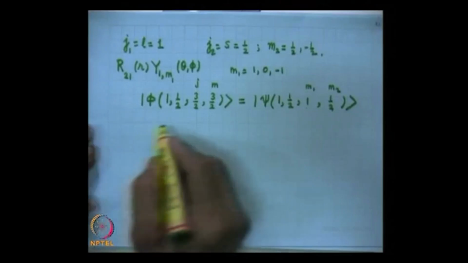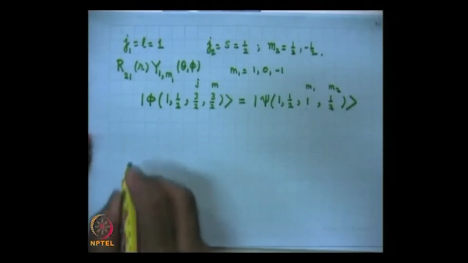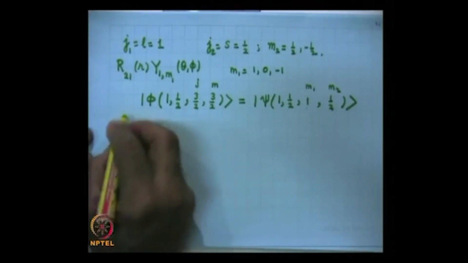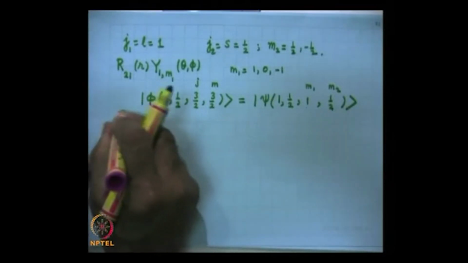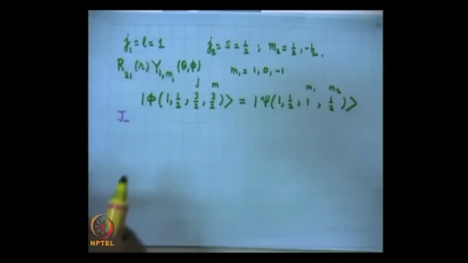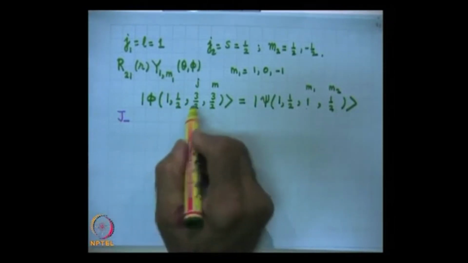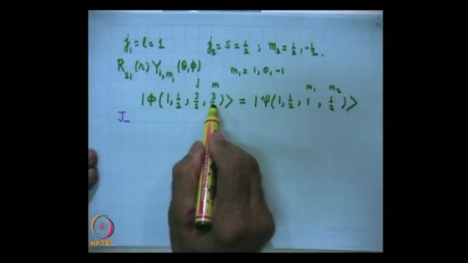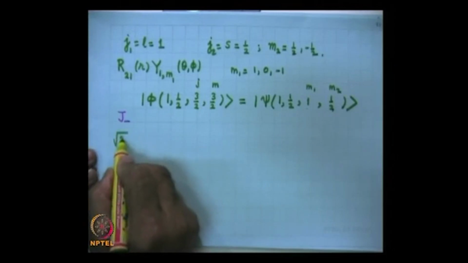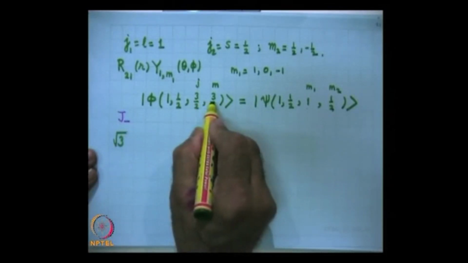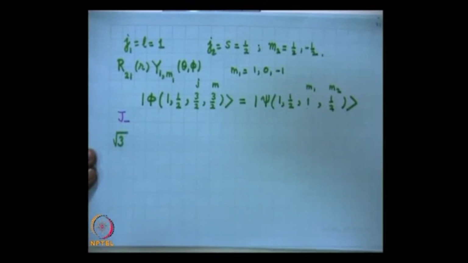Now, in order to get the Clebsch-Gordan coefficients, I must operate this by the operator J minus. So, J minus will be square root of J plus M, so 3 by 2 plus 3 by 2 is 3, square root of 3, and then J minus M plus 1, that is just 1.